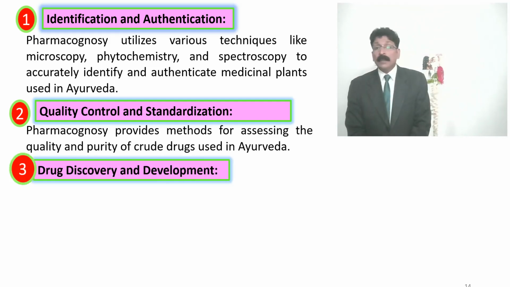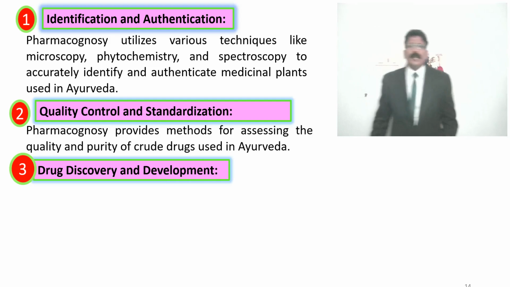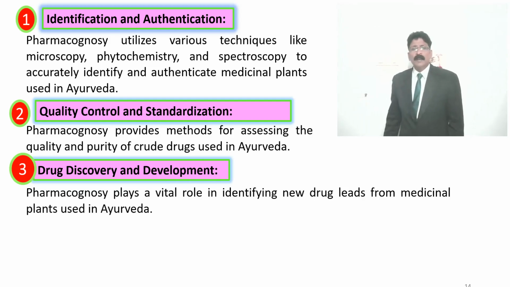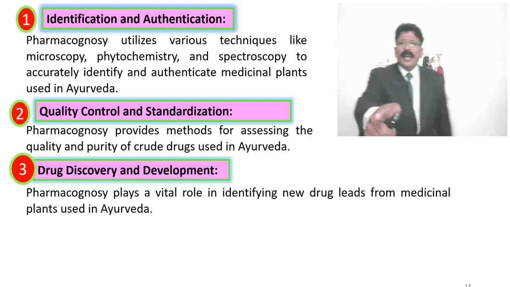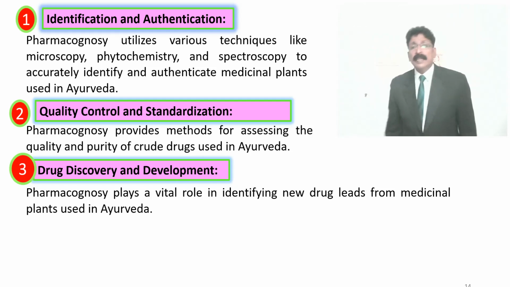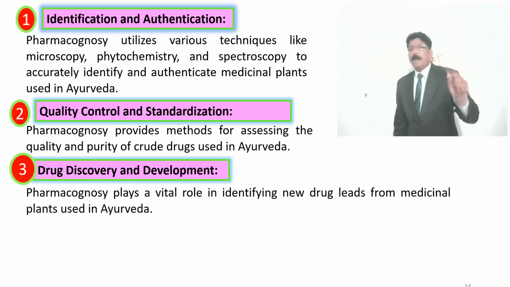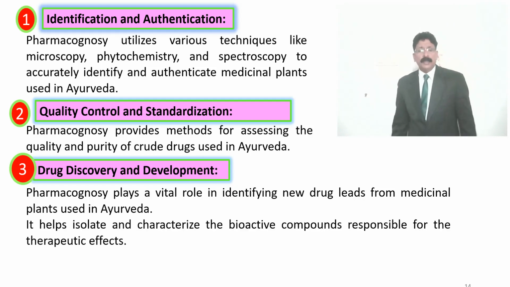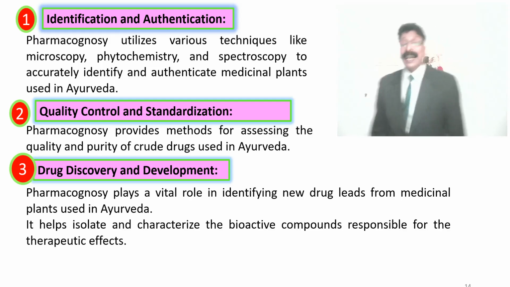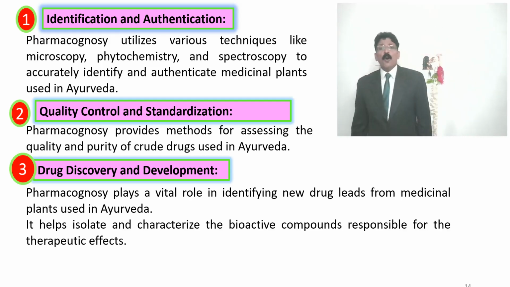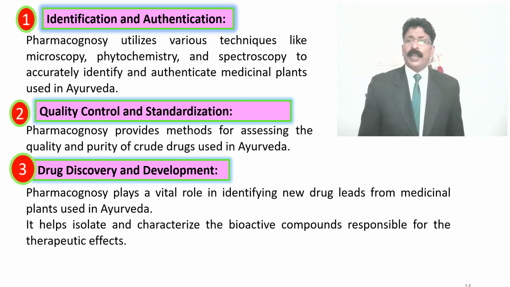Number three, drug discovery and development. Pharmacognosy plays a vital role in identifying new drug leads from medicinal plants used in Ayurveda. It helps isolate and characterize the bioactive compounds responsible for the therapeutic effect.